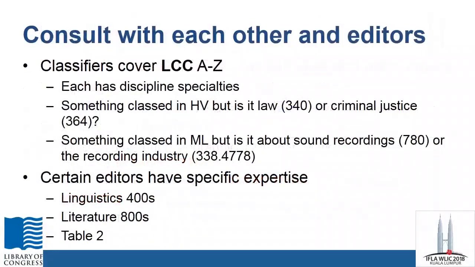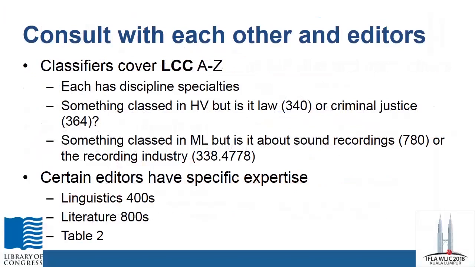So the consultation is happening with each other, and when I say each other, there are 4 primary classifiers, plus I also have 2 part-time classifiers that also work heavily with the CIP program, and then we have a few other classifiers that are mainly catalogers cataloging materials in predominantly literature areas, Class P material.